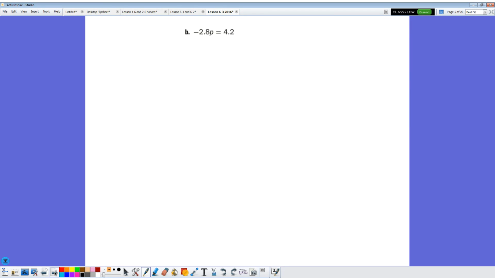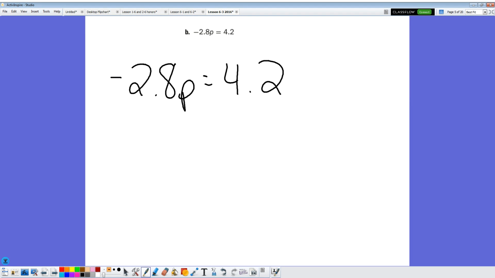Okay, let's give Got It problem B a try. Again, this is really negative 2.8 times p, so the inverse operation is to divide by negative 2.8.